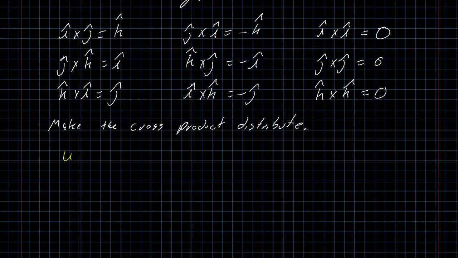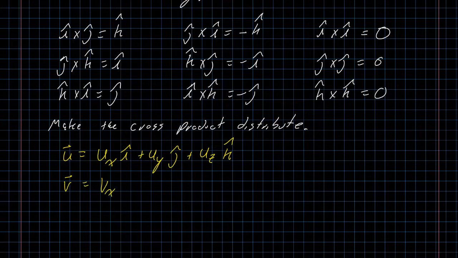So consider vector u. The same way I've done before, it's going to be ux in the i direction, uy in the j direction, and uz in the k direction. And then we'll have vector v, which is given as vx in the i direction, vy in the j direction, and vz in the k direction.